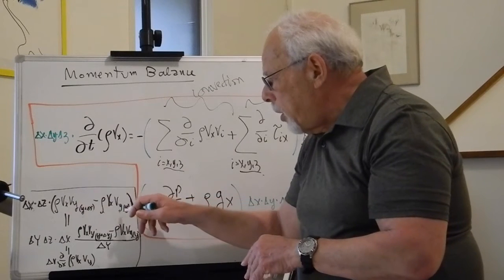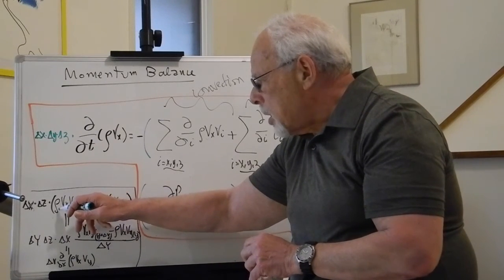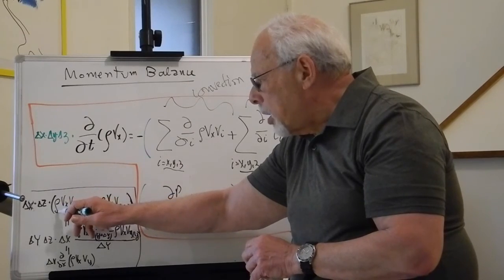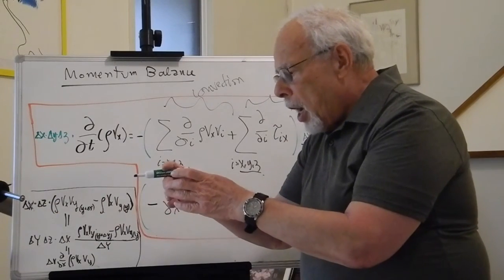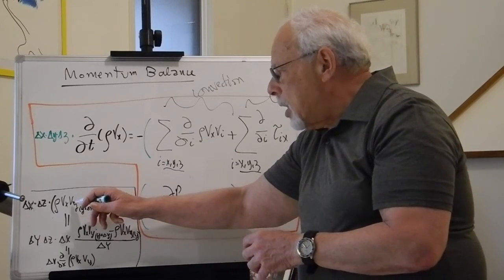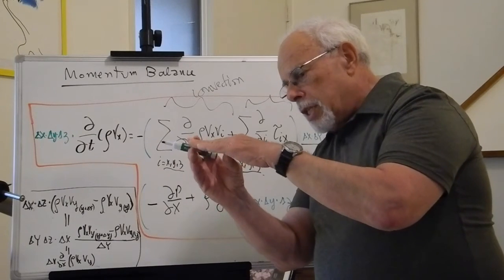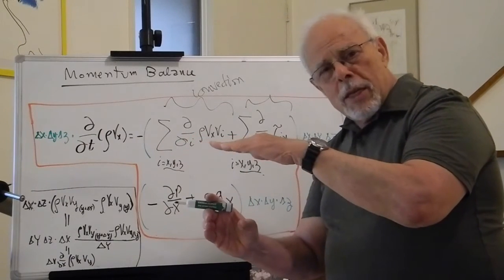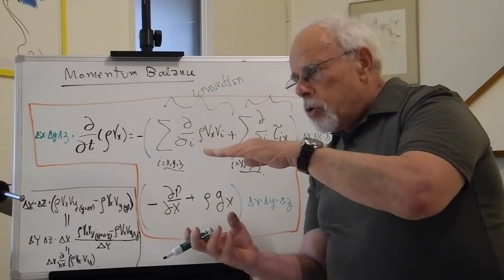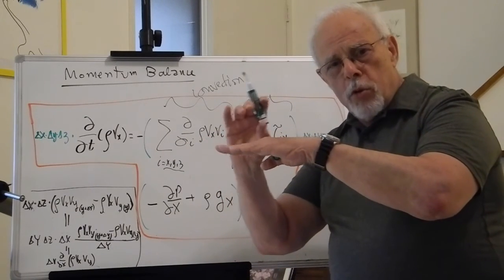So what do we have here? We have the total mass, which is the density, times the cross-sectional area where it flows, times the Vy, which represents the total mass that flows into this particular face in a unit of time.